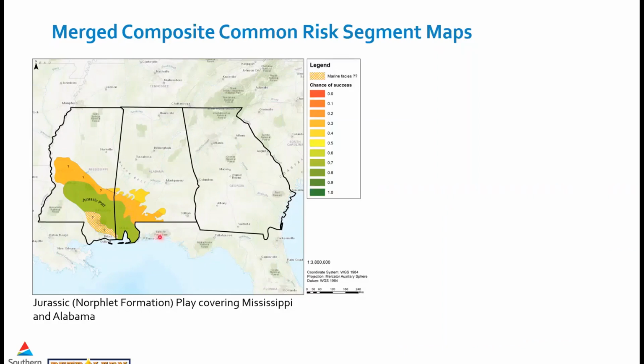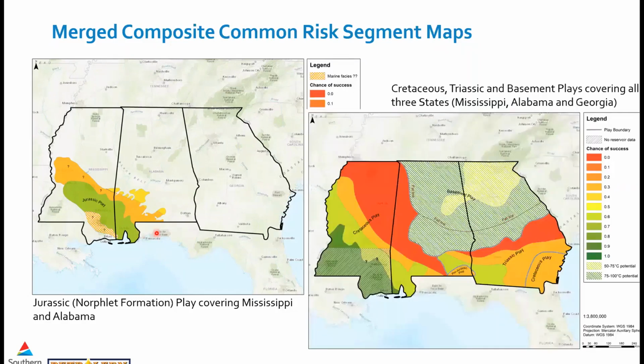So this is the merged map for the Jurassic play covering Mississippi and Alabama. And here is the more complex composite common risk segment map merged with the Cretaceous, Triassic, and basement plays covering all 3 states.